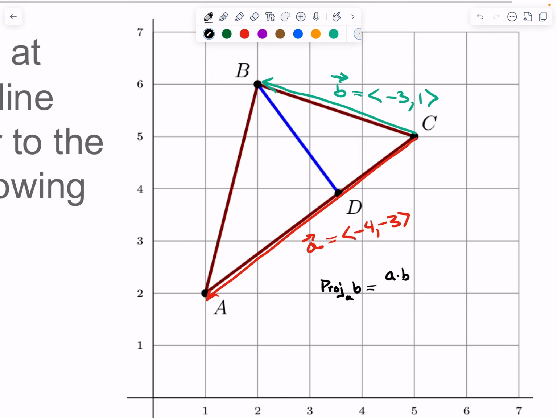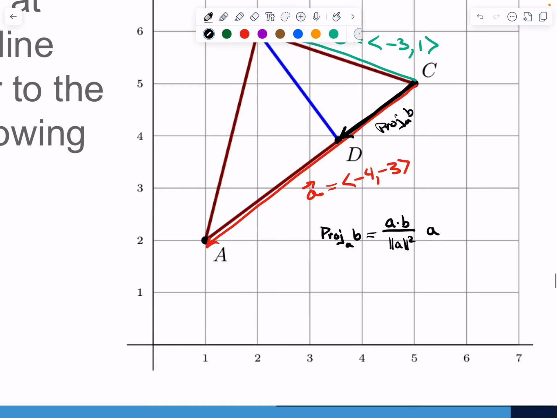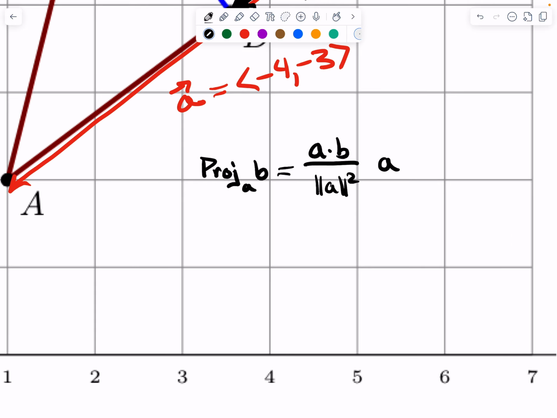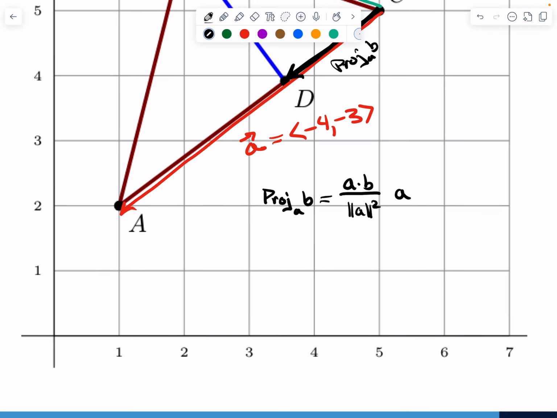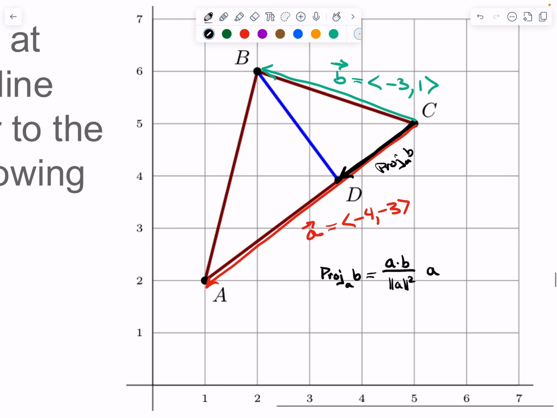It's A dotted with B. That's the only place you're going to see a B. Times the magnitude of A squared times A. That's what we're being asked to compute, the projection of B onto A. Now that we've got that straightened out, this is pretty straightforward. In particular, the magnitude of A is 5.